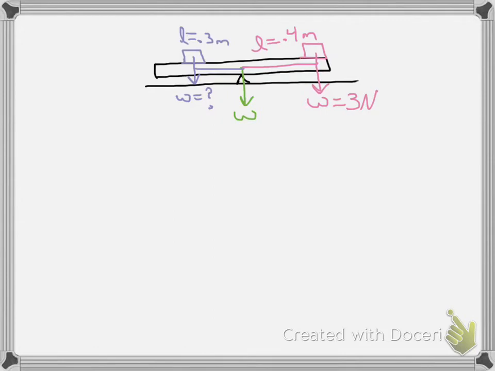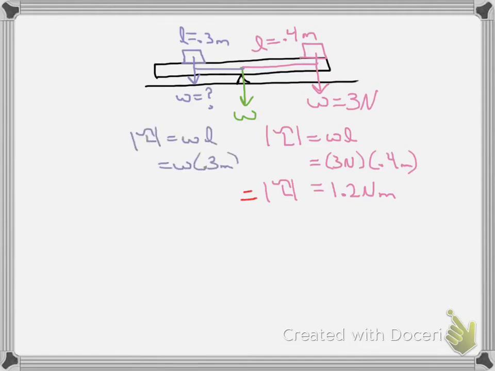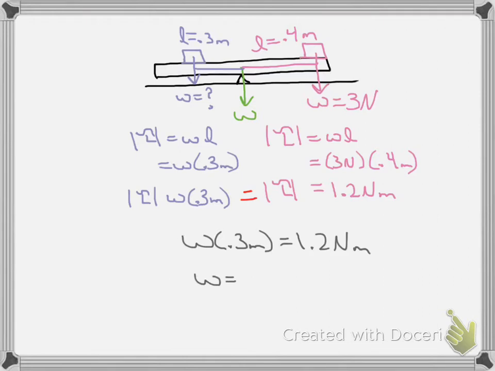And if our meter stick is still balanced, that means that the numerical value for the torque on the right-hand side and the numerical value for the torque on the left-hand side have to be equal. In other words, the force on the left times 0.3 meters has to equal the torque on the right, which was 1.2 Newton meters. That means we can solve for the magnitude of the weight. And it turns out to be 4 newtons.